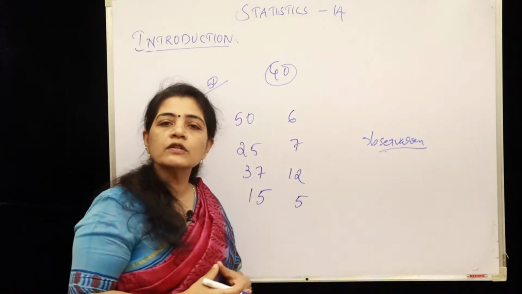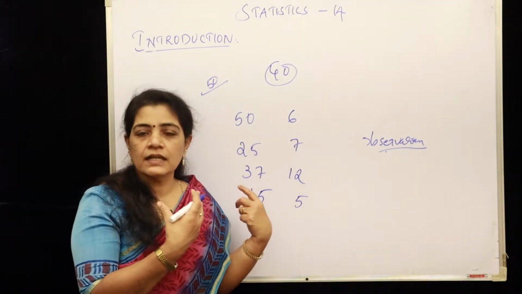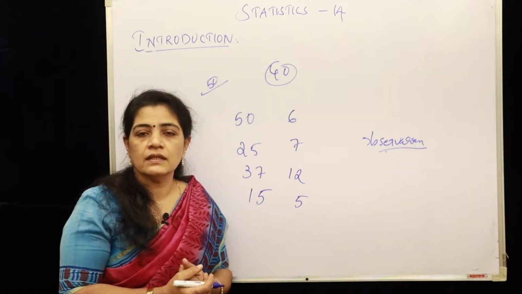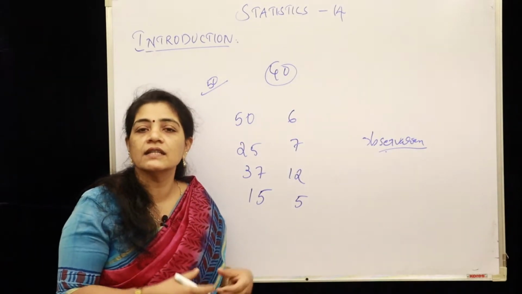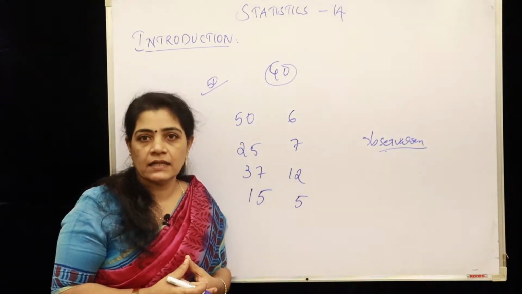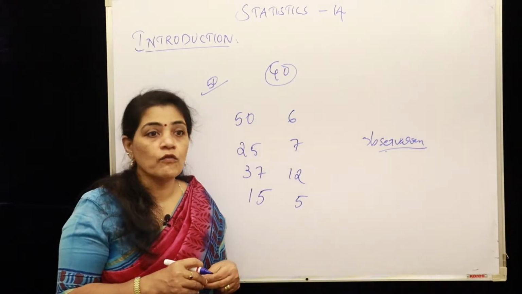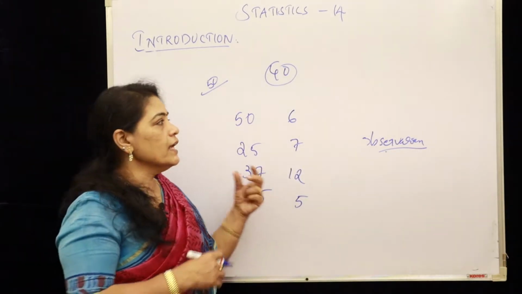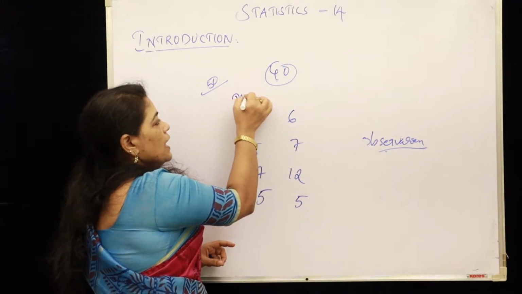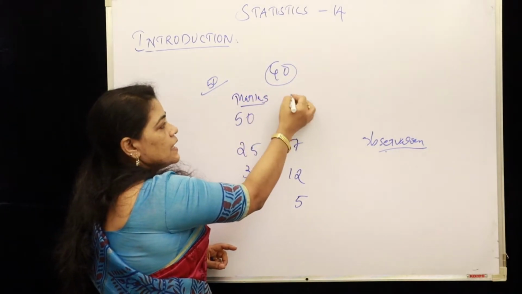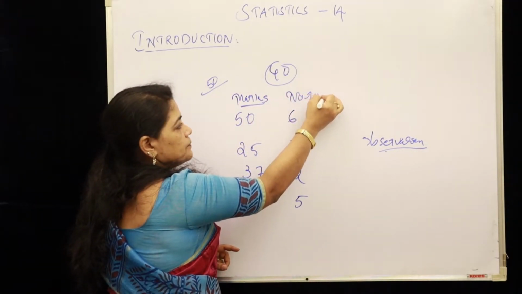This table also shows some marks, that is, numerical facts. So this is also data, another way of representing data. But here you can see one more column. In the first column I have written the marks, and in the second column, the number of students.